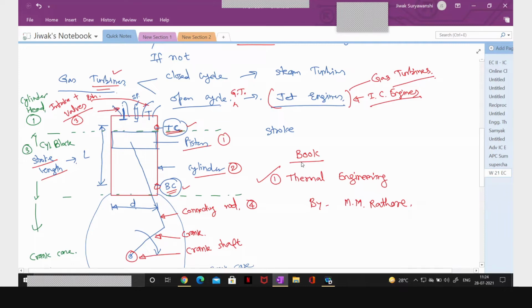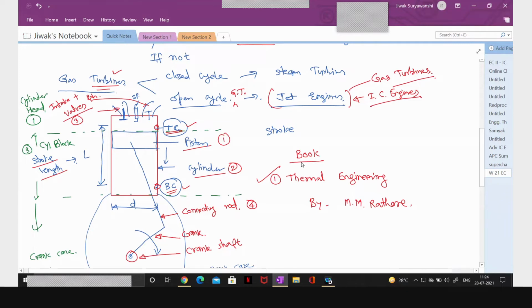The piston reaches here. Now the piston reverses direction. At that time, the intake valve is closed because of the valve actuation mechanism, and the exhaust valve is already closed. So the piston moves from bottom center to top center, compressing the charge present inside the cylinder.